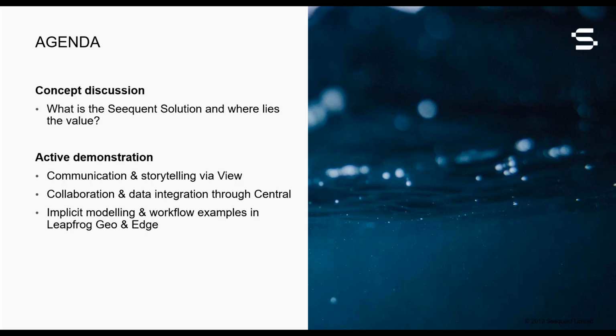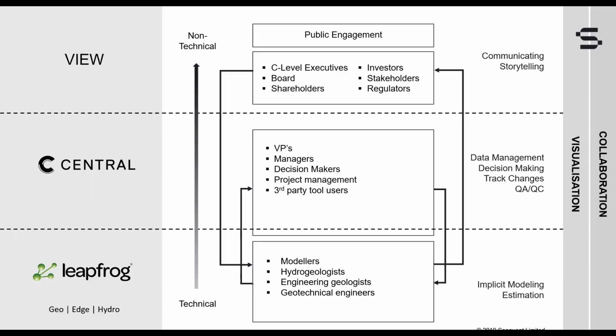And we're going to finish up by looking at LeapfrogGeo and, of course, Edge, and explore the idea of implicit modeling to everyone who's new to our modeling product ranges, and as well have a look at a number of workflow examples, how Geo, Edge, Central, and View all ultimately link with each other. Okay, so let's get going.